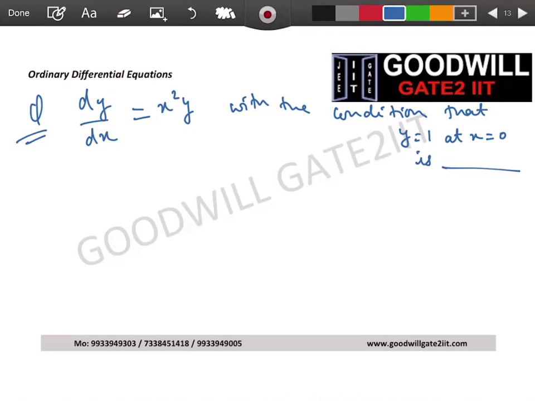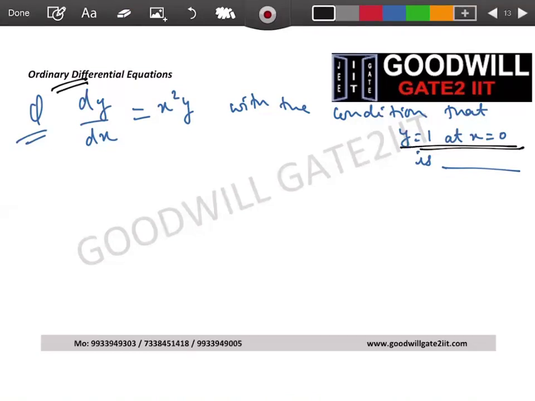Right? So first we have to solve the given differential equation. Then we'll see what this given condition does. It's kind of similar to the previous numerical, so that you will have a clearer concept.